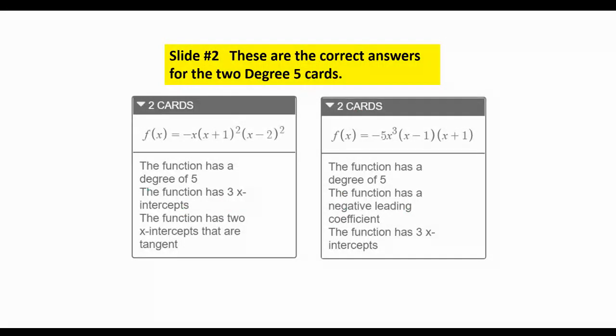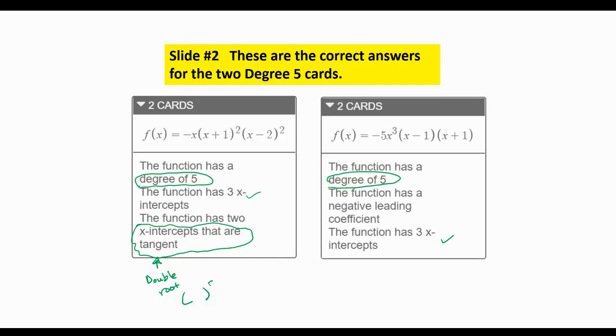So there's 2 cards with degree 5. They both have 3 x-intercepts. But this one says the x-intercepts are tangent. So these are the correct answers. What it means to be tangent just means a double root.